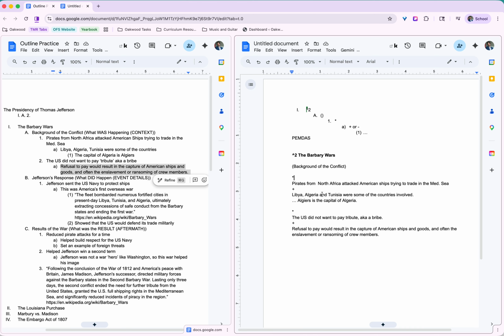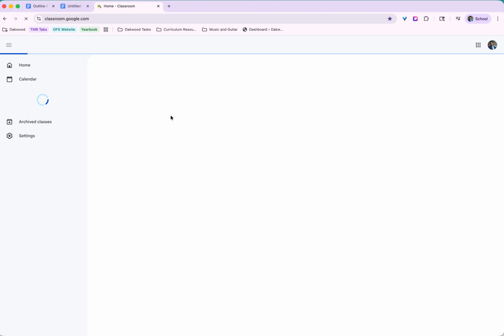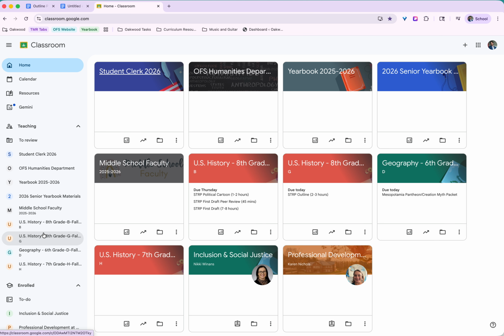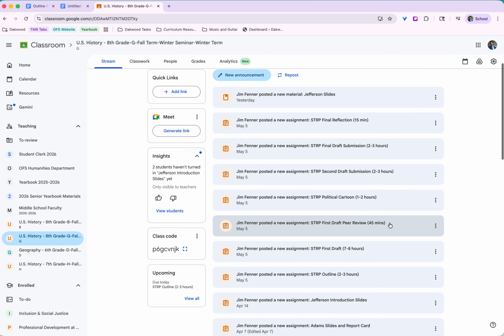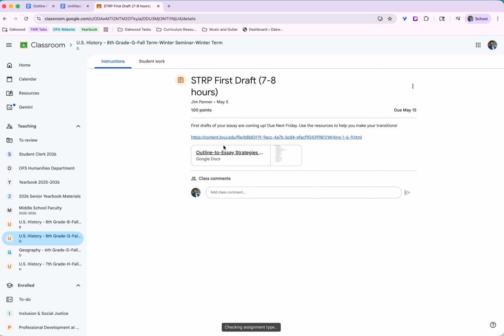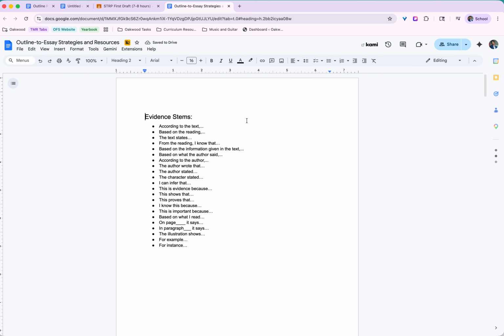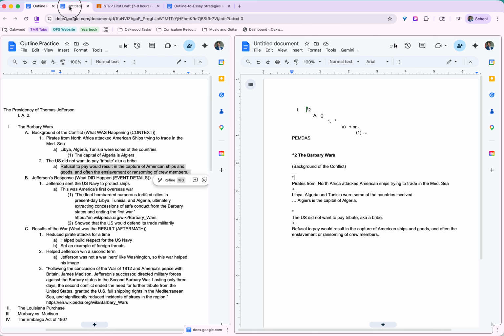Now, how do we actually turn this into a paragraph? Well, we're going to use something that is in your Google Classroom. So if we go to Classroom and scroll on down to STRP First Draft, we're going to see something right here that says Outline to Essay Strategies. Let's click on that. Now, we have things that correspond to all of the same levels that we have over here.